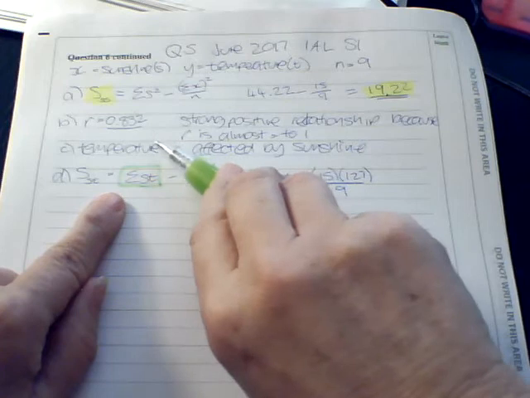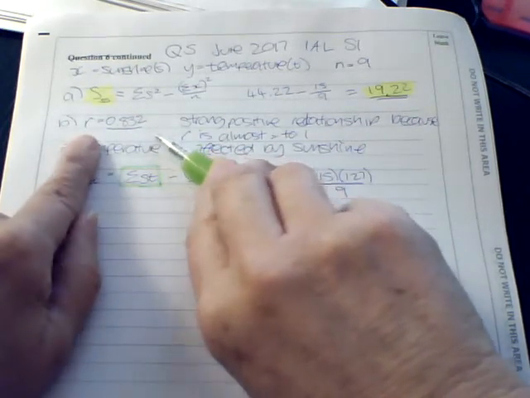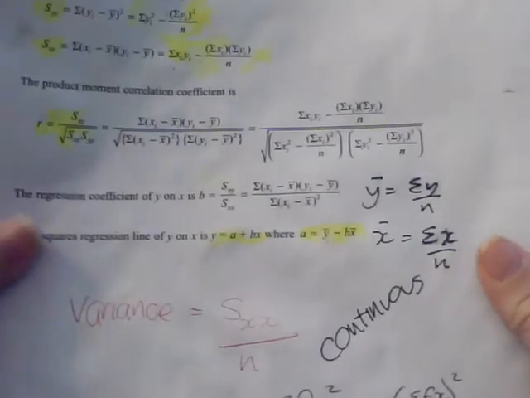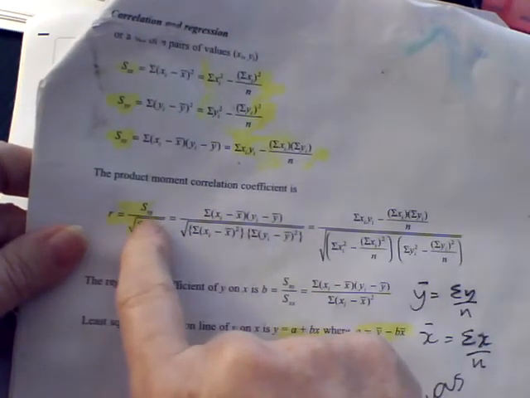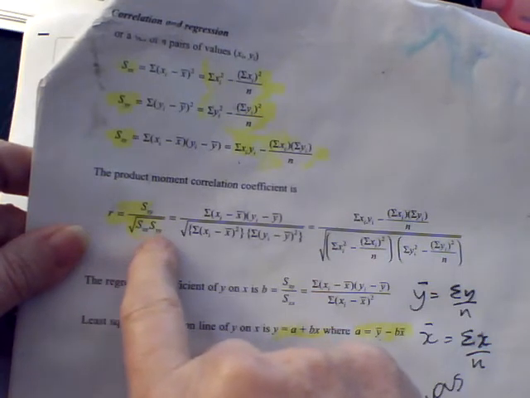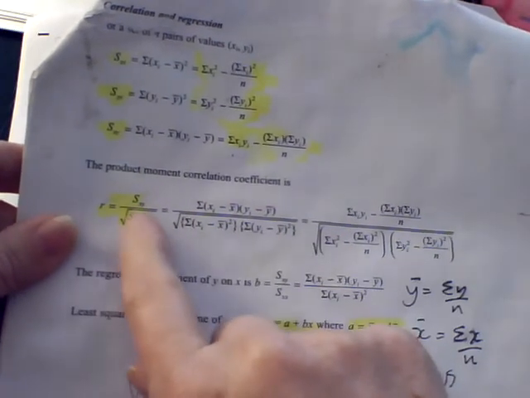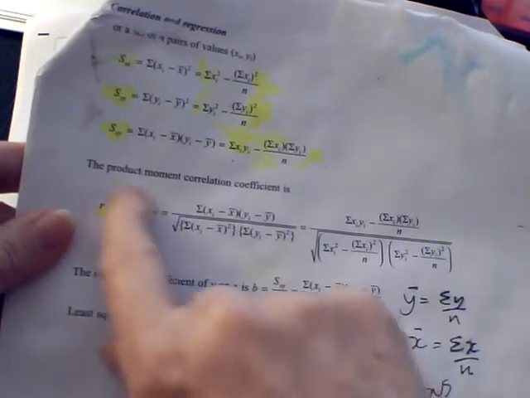Okay, that's not going to help. This may help us: they've given us what r equals. Let's have a look at what the formula would be to find r. We go to our formula tables, and to find r here, we need the S of xy divided by the square root of the S of xx times the S of yy. That formula is going to help us because they have told us that this equals 0.832.